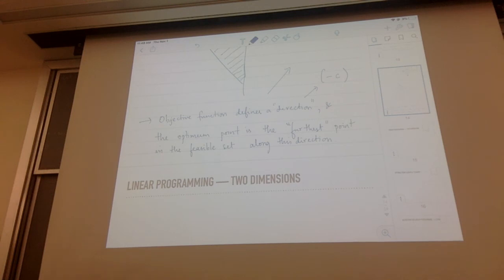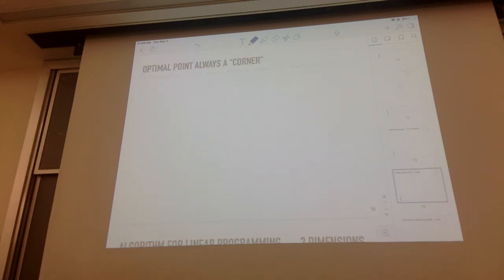And I now want to claim that suppose the feasible set, and I will denote it by the set of all x such that A1 transpose x less than or equal to B1, A2 transpose x less than or equal to B2. This is how we define the feasible set, right? So suppose this feasible set is finite.